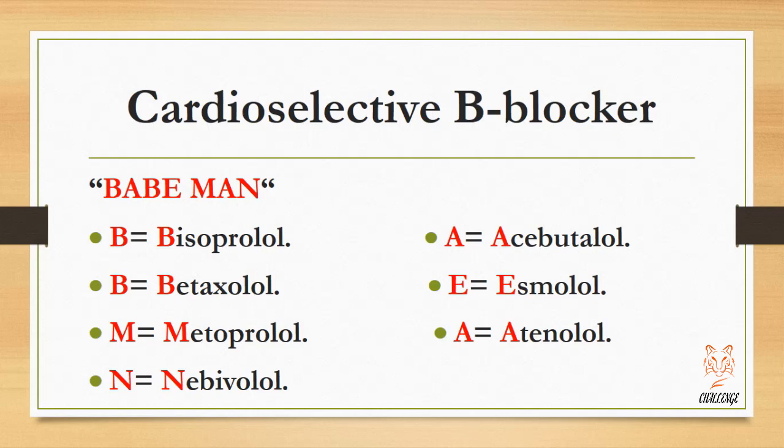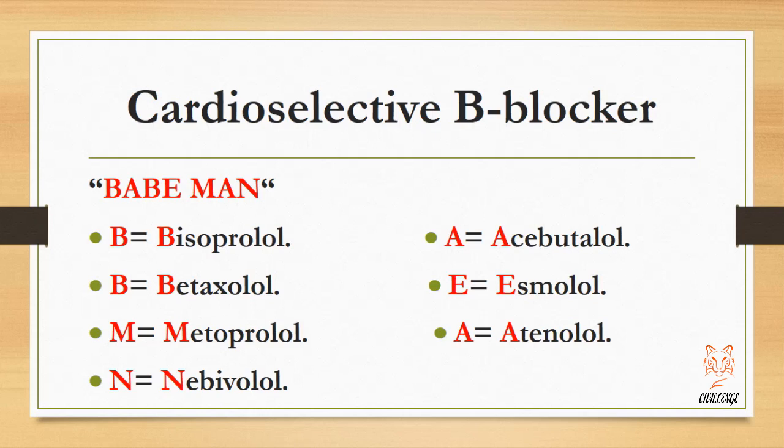Beta 1 receptor is found in the heart and beta 2 receptor is found in the lung. So, how to remember the location of these receptors? Well, we have only one heart and two lungs. So, beta 1 receptors are found in the heart because we have one heart, and beta 2 receptors are found in the lungs because we have two lungs.